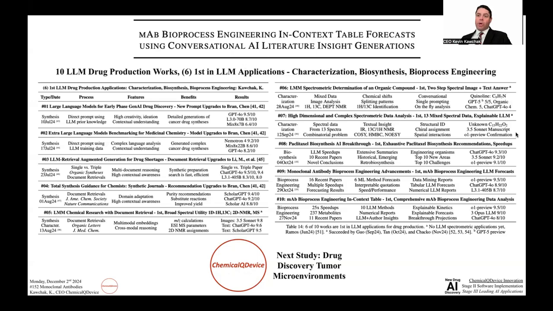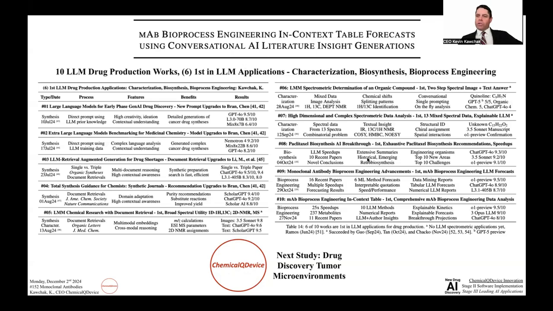And then emerging is based on all these other papers. There were 10 recent papers on paclitaxel biosynthesis, covering retrobiosynthesis. I was covering the top 10 new areas in paclitaxel biosynthesis, top 10 challenges, and also the engineering, how to engineer organisms. So there's a lot of substance in there, especially in the supplementary too.